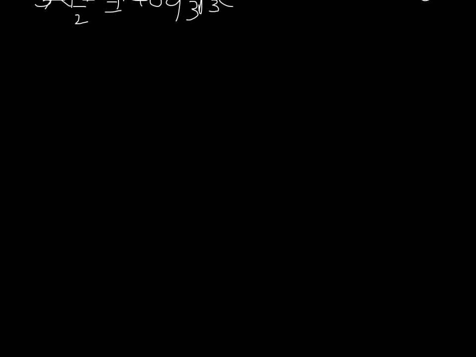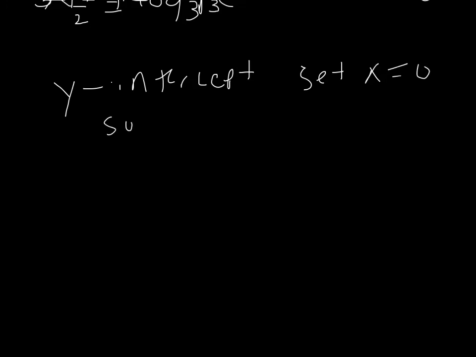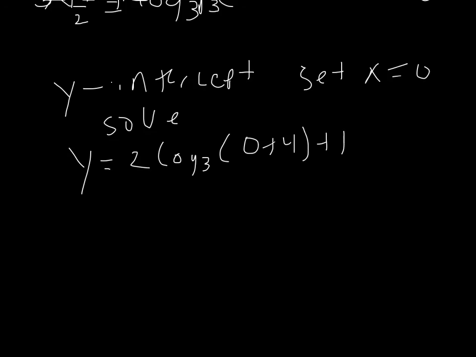Okay, then let's do the y-intercept. And that is set x equal to 0 and solve. So we get y is equal to 2 log base 3 of 0 plus 4, plus 1, which is y is equal to log base 3 of 4 plus 1.